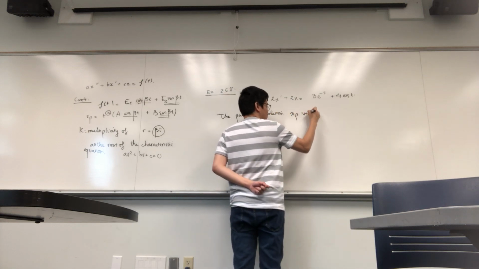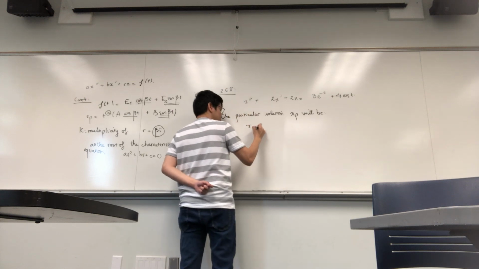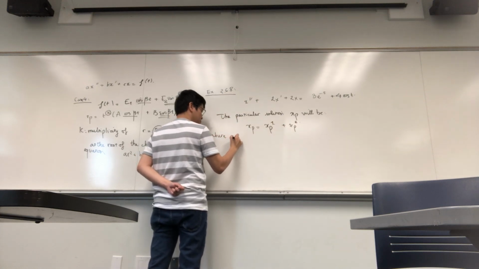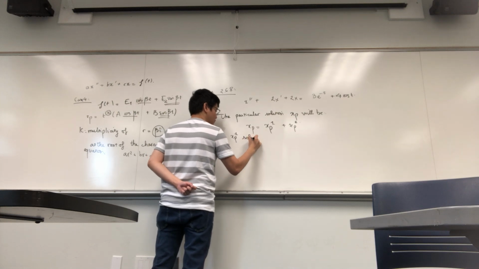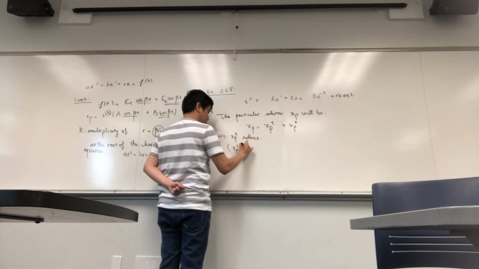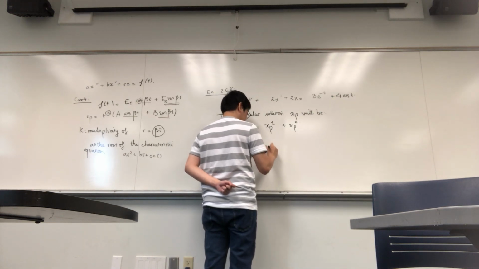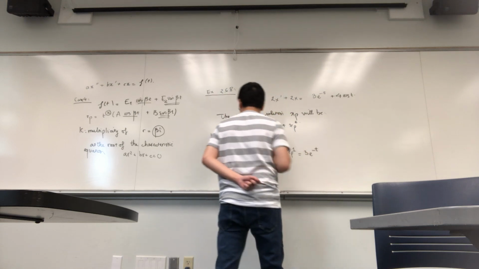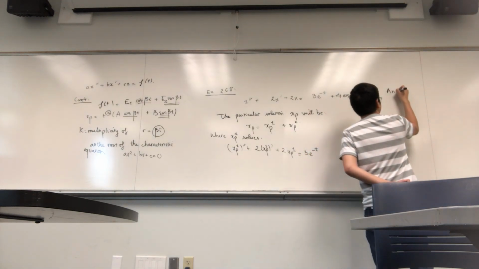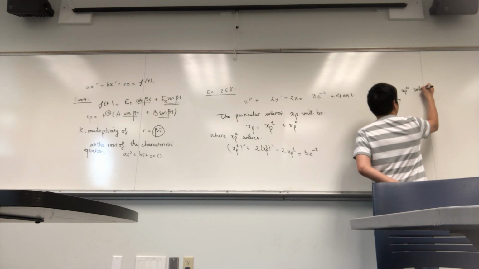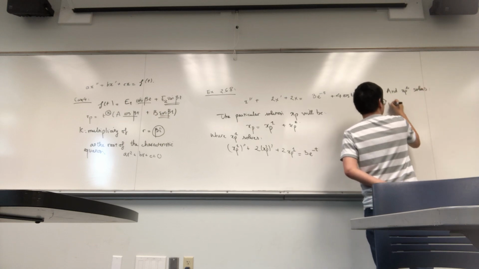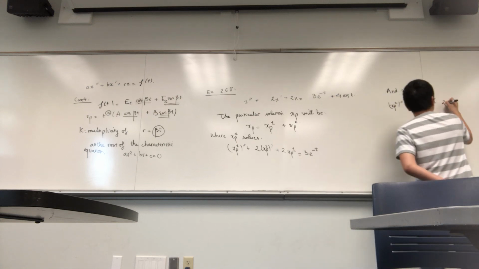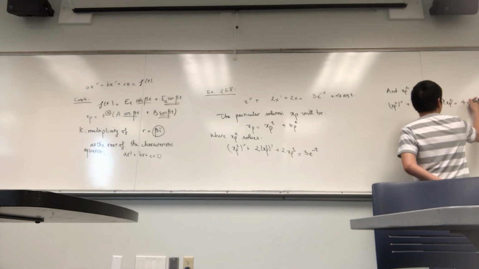So the particular solution xp is xp1 plus xp2, where xp1'' plus 2xp1' plus 2xp1 is equal to 3 e to the power minus t, and xp2'' plus 2xp2' plus 2xp2 is equal to 4 cosine of t.